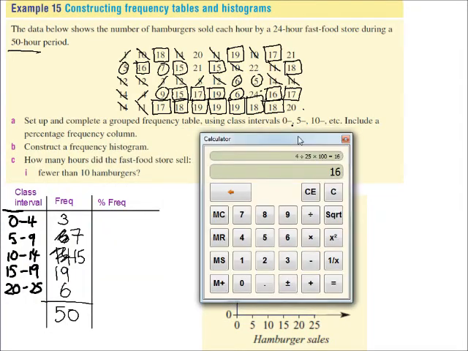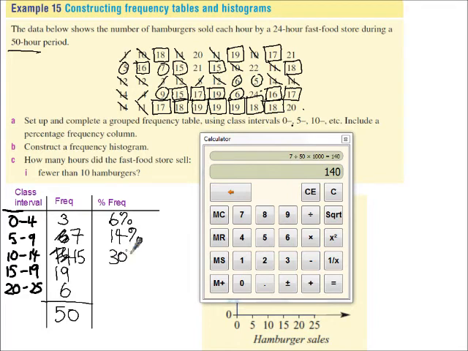Let's work out our percentages. 3 divided by 50 times 100 equals 6%. 7 divided by 50 times 100 is 14%. Sorry, I multiplied by 1,000. In fact, they're just doubling, aren't they? Because it's out of 50.